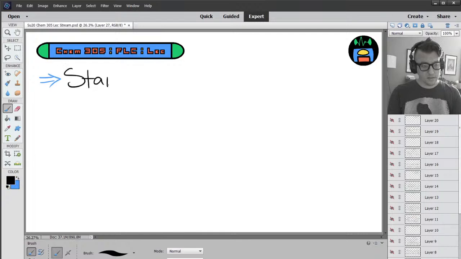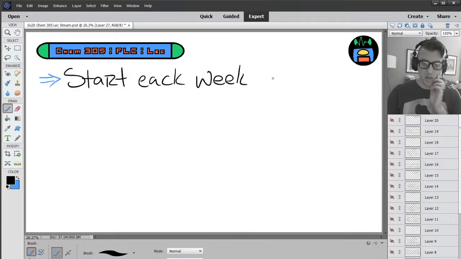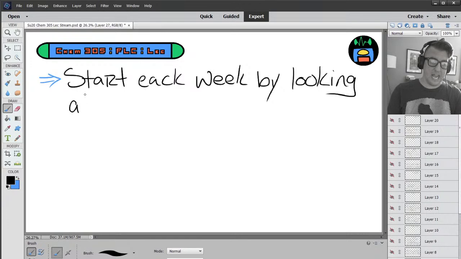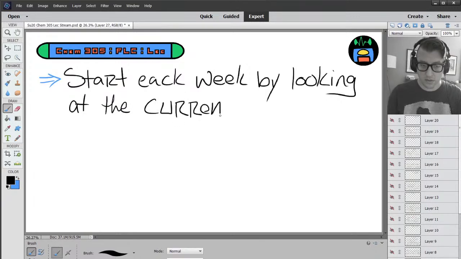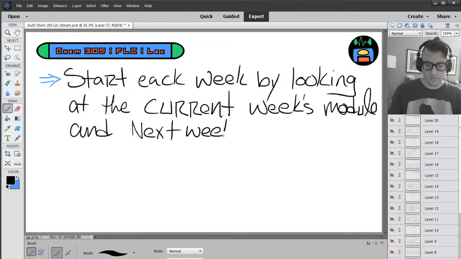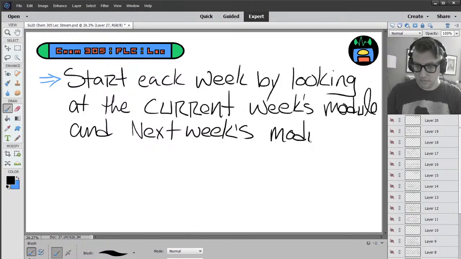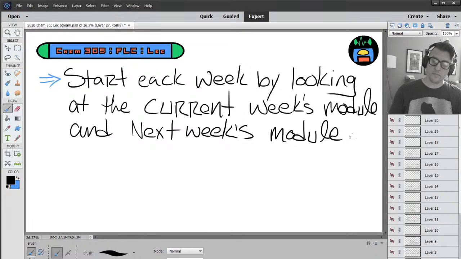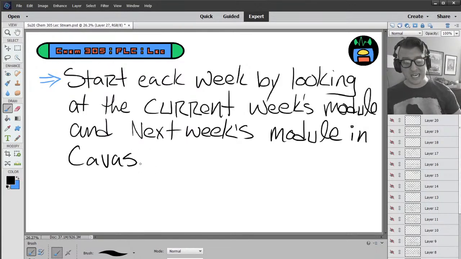I recommend starting each week by looking at the current week's module and next week's module in Canvas, because that has outlined the assignments that you need to be completing each week.